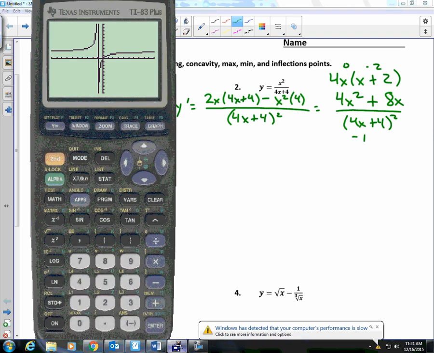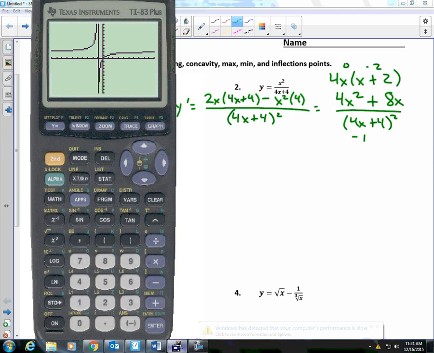-1, we have to include that because, look at this, Anna. At -1, something funky happened, right? It changed concavity. Even though the top wasn't equal to 0, it still changed concavity. So you have to test the points where it's either undefined or where the top is equal to 0. Yes, we'll do both.